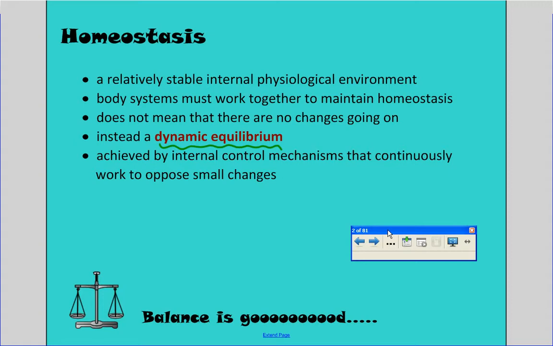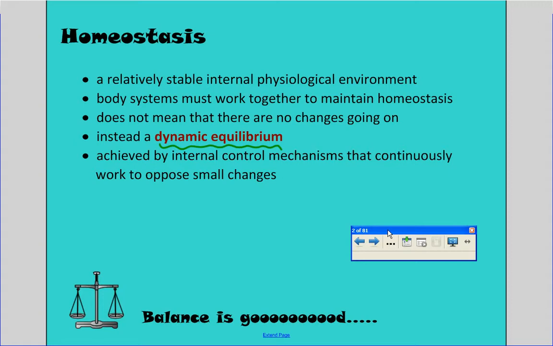All of your body systems kind of work together in order to maintain it. So it doesn't mean there's nothing happening. It just means that if there is a little change, then it's brought back to normal, or it may look from the outside like things are maintained at the same level all the time, but that's because of small changes that are happening all the time. So we call that dynamic equilibrium.